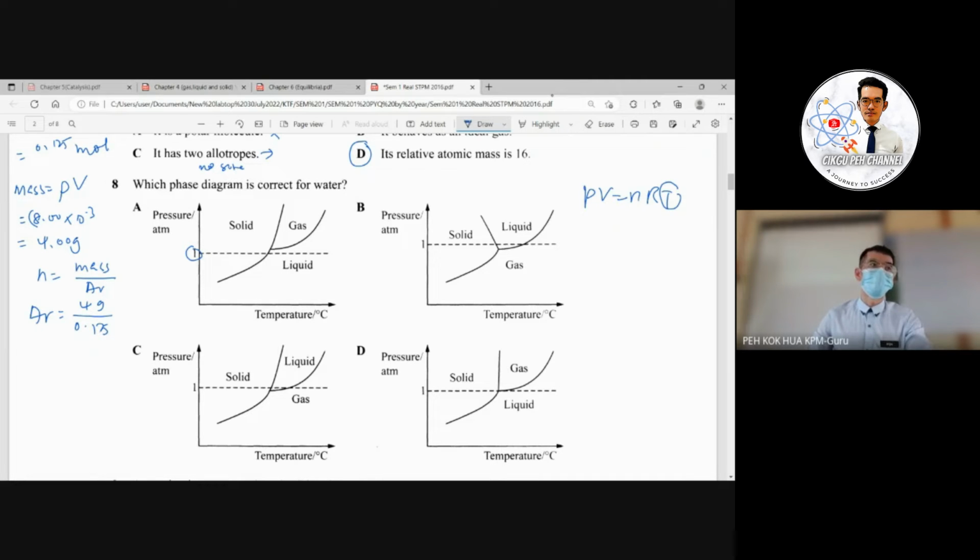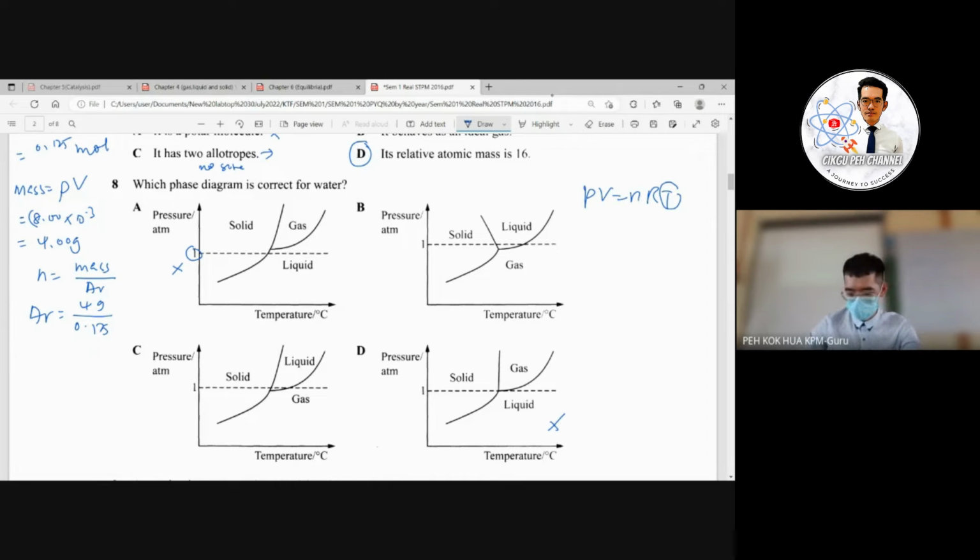Above the triple point, the liquid can exist in 3 different states under atmospheric pressure, which is normal on Earth. So A is wrong already, because the 1 atmosphere pressure here is below the triple point. So in this case, it is not possible for the water to exist in the gas state. So the first is wrong already, and here also the same, A and D are out already.